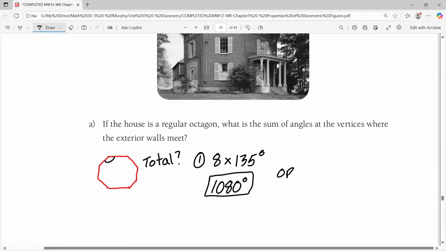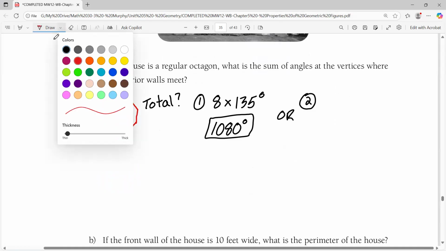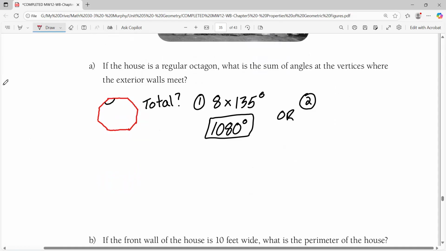Or you can do number 2, this other way here. You can do the total or sum equation.